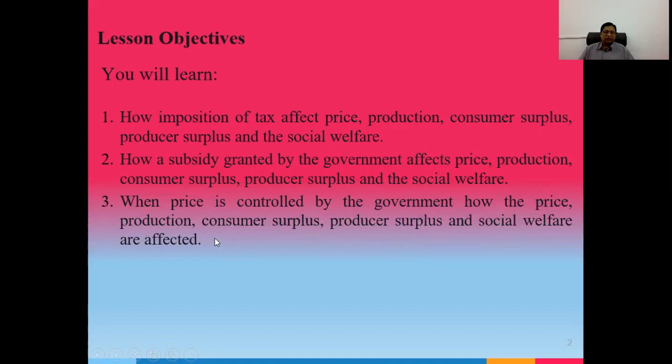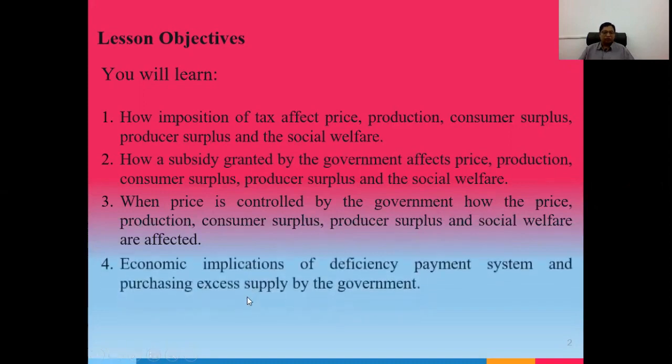We discuss economic implications of price control on price of the products, quantity produced, consumer surplus, producer surplus, social welfare, and so on. Then economic implications of deficiency payment system and purchasing excess supply by the government.